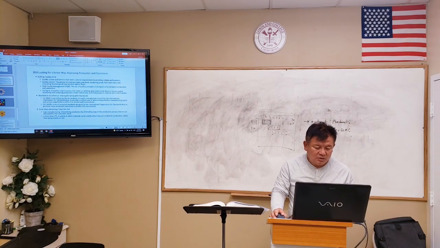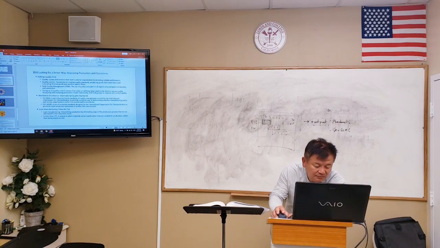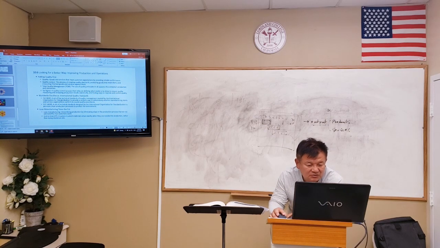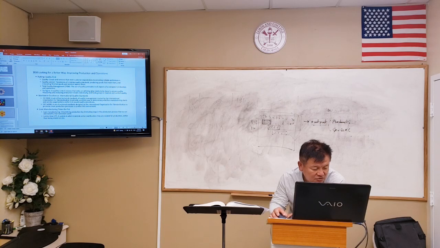And there are worldwide excellent international quality standards. Did you see ISO several times? ISO 9000, ISO 14000. This is a series of international quality standards. I just introduced what the contents are. ISO 9000 is a set of technical standards of quality management created by the International Organization for Standardization.